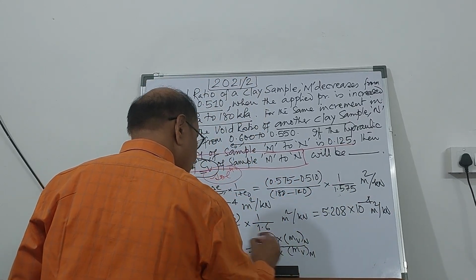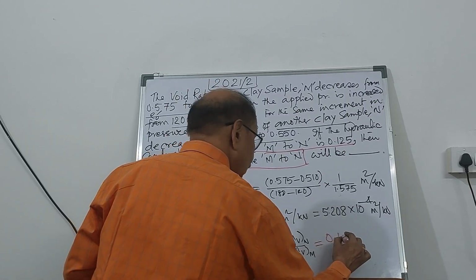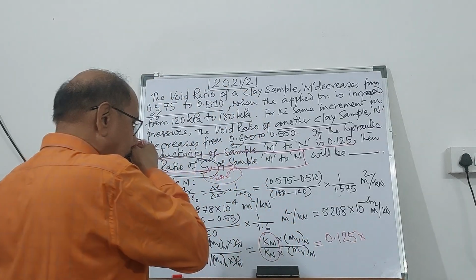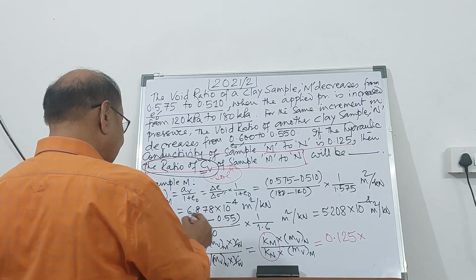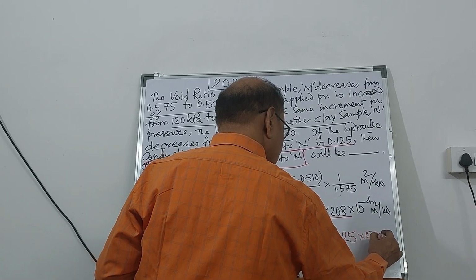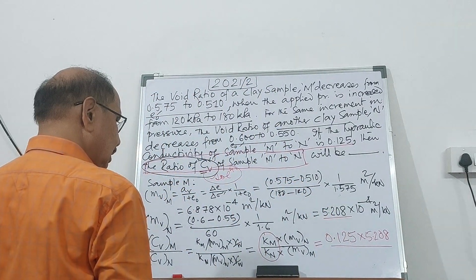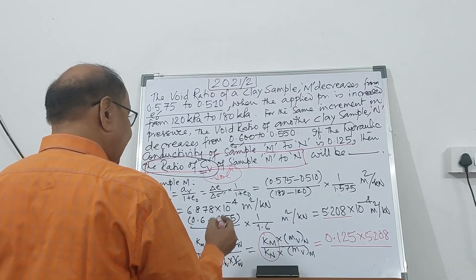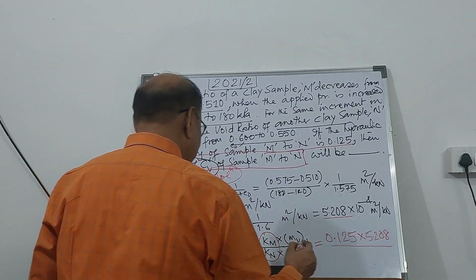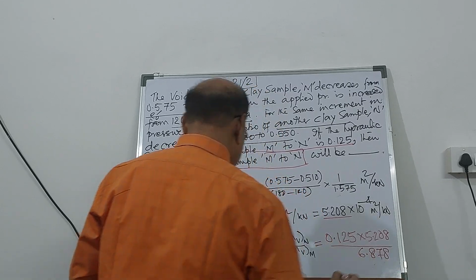So this value is 0.125 multiplied by MVN, which is already 5.208 into 10 raised to minus 4, and the value of MVM is calculated as 6.878 into 10 raised to minus 4.